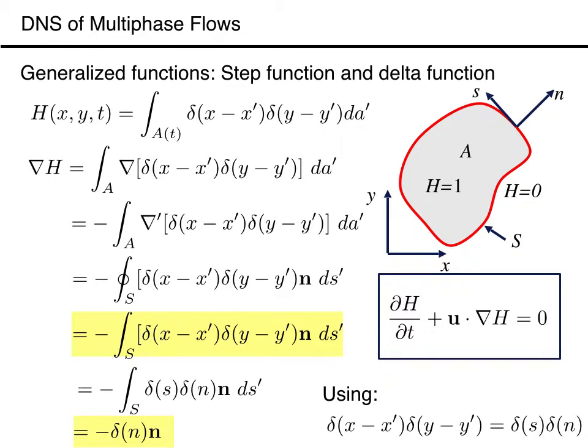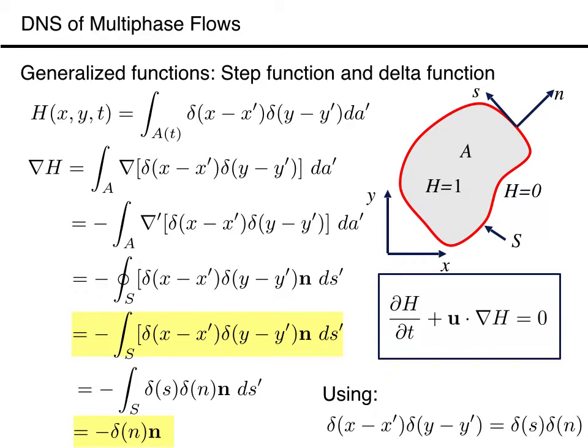To do so, we need to define the Heaviside step function in such a way that we can find its gradient. A particularly simple way is to define it as an area integral over the multiplication of two one-dimensional delta functions. Here x prime and y prime are the integration variables, and x and y are the coordinates of the point where we are sitting.